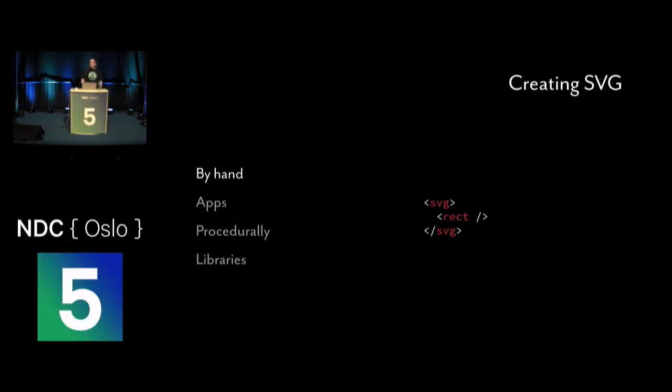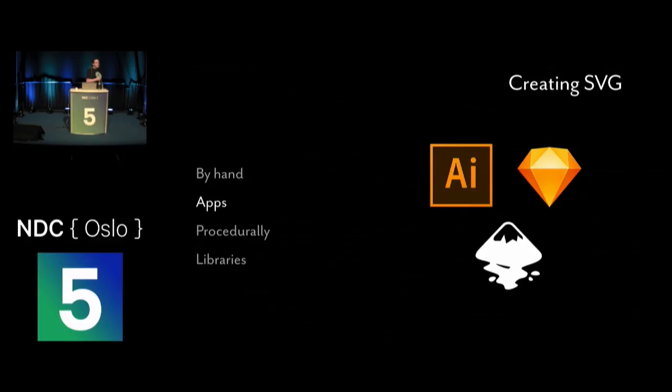In this case, we're going to start defining a rectangle using the rect keyword. Yeah, it's fairly manual. I really wouldn't recommend this. It's great to start off with, doing a couple of demos, but can you imagine having to do the tiger with this sort of manual thing? Forget it, not really going to happen. So fortunately, we have a lot of apps in the industry that can help with this. Now, I've featured three here.